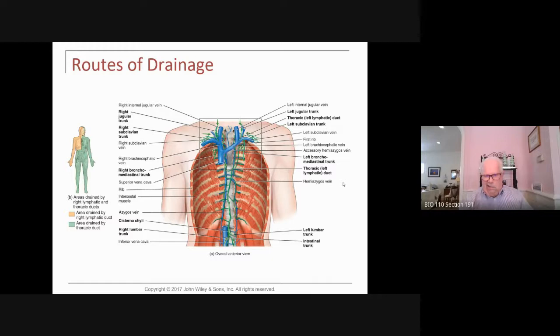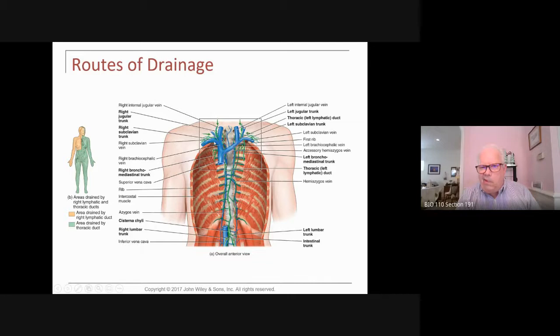How does the lymph get into the bloodstream? Remember, the lymph vessels are draining the interstitial fluids. They're getting rid of waste. They're getting rid of foreign bodies. And they go into the subclavian veins on both sides.